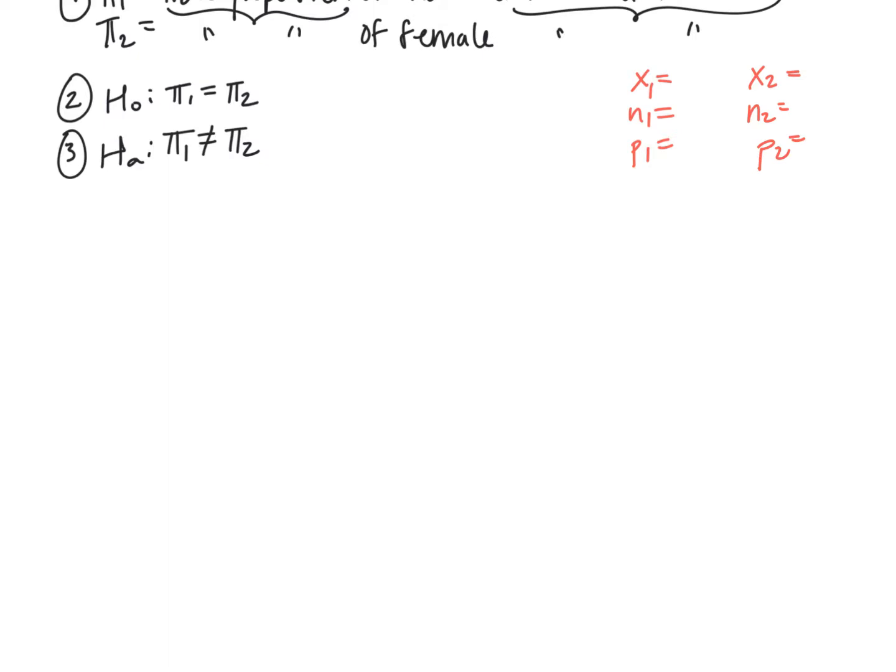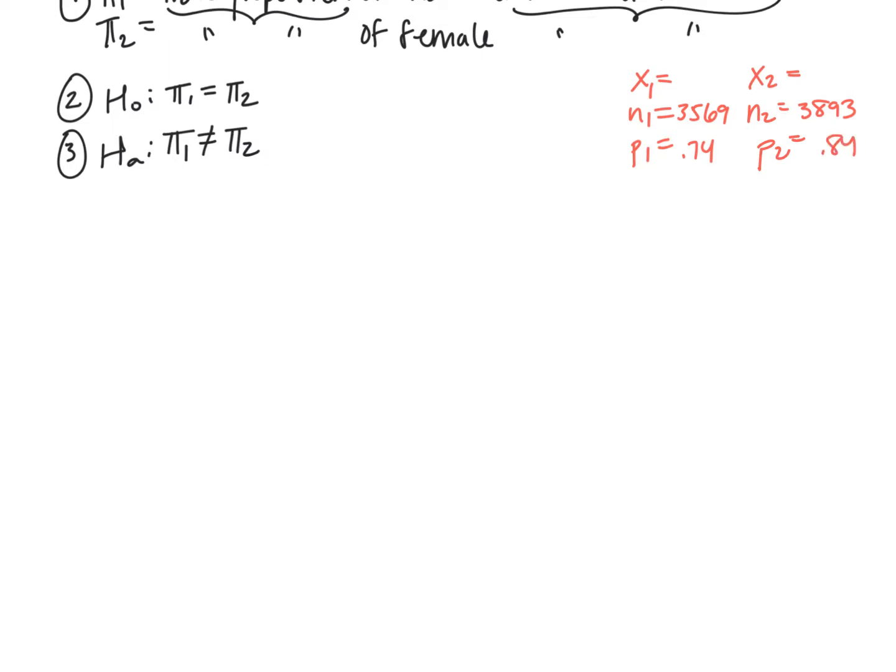So right here it says we asked 3,569 males. That's going to be N1. And 3,893 females is N2. And in this case, we're actually given the proportion, 74% of males, so 0.74. And we're given the proportion of females, 0.84.